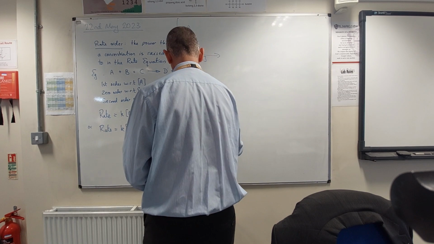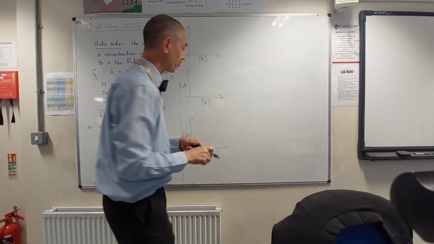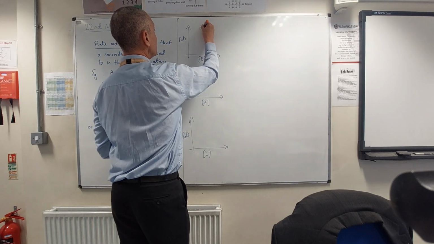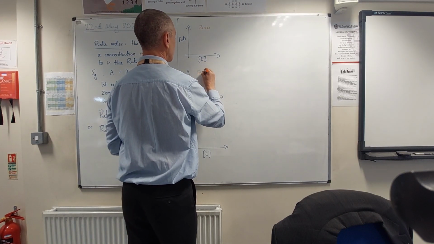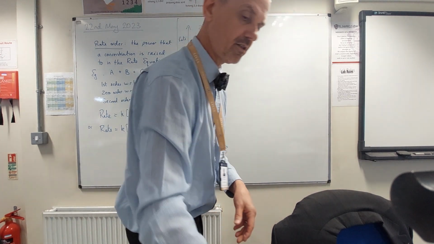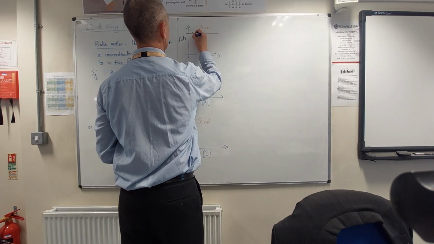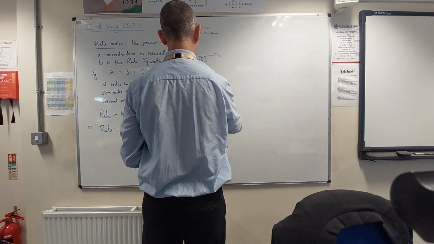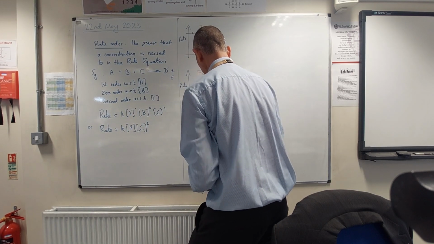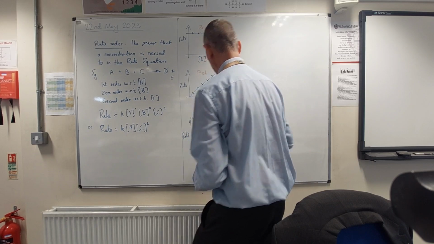Concentration of C. This is just a summary. You've got all these graphs already. You don't need to draw them again. So we've got 0, first and second order, and our graph went across, directly proportional, x squared.